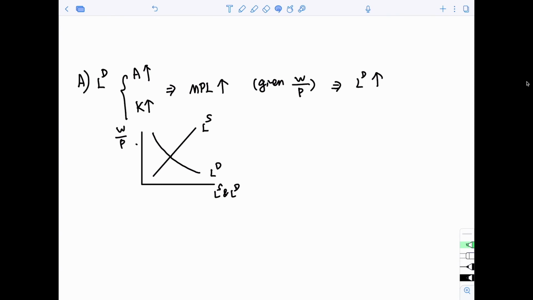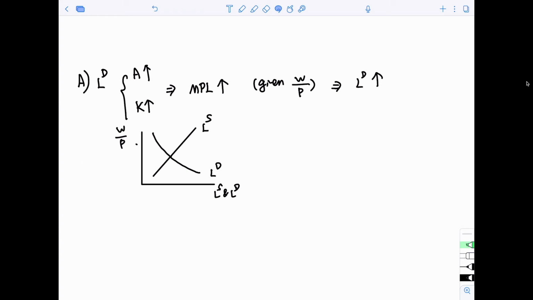So in the diagram illustrating the labor market equilibrium, we have the vertical axis, which is the real wages, and the horizontal axis, which is the quantity of labor supply and demand. We have the labor supply curve sloping upward and the labor demand curve sloping downward.